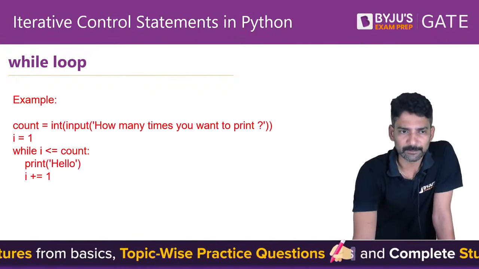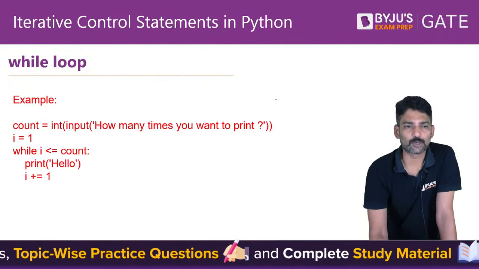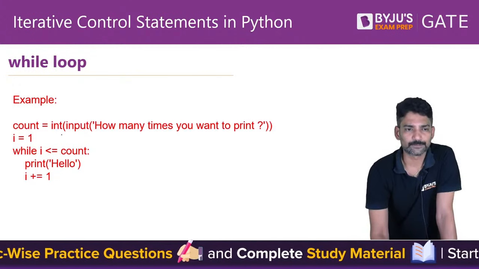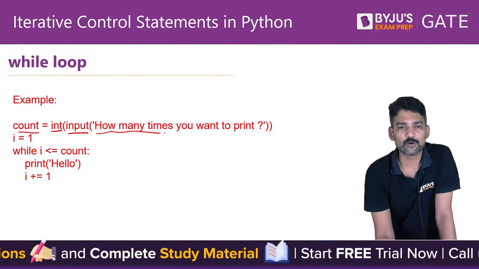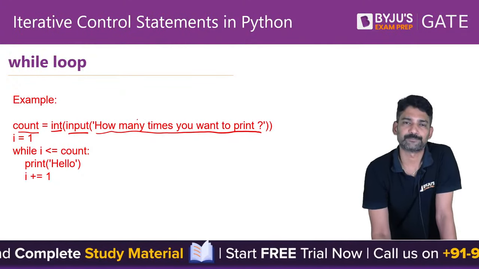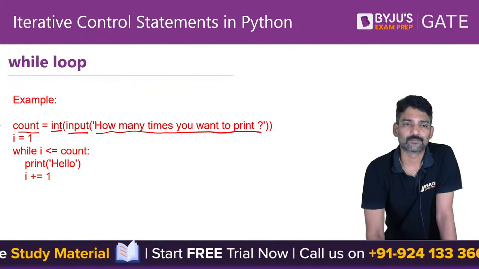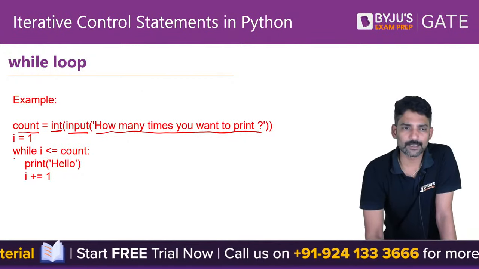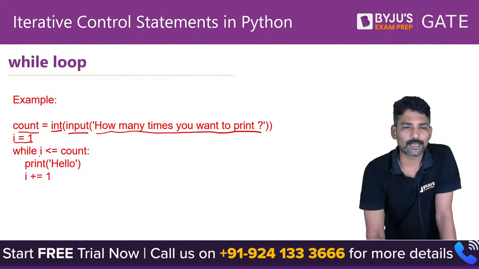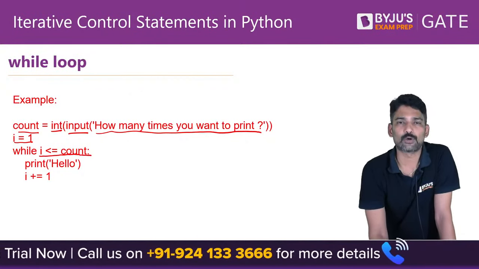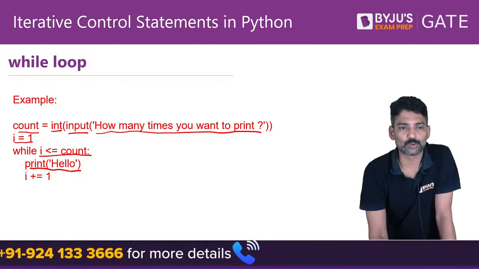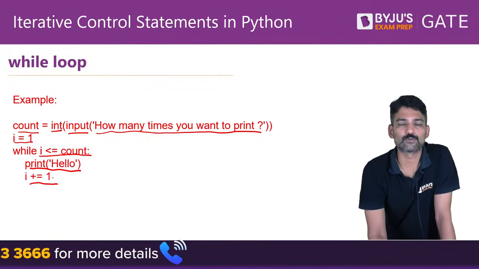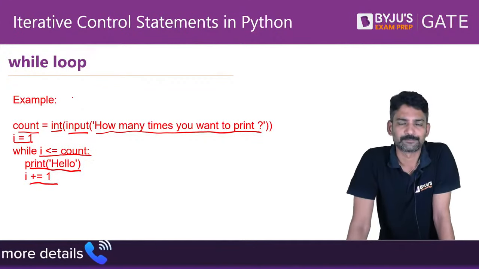Let us see an example. Suppose I have a variable called count equal to input of how many times you want to print. Then i is equal to 1, while i less than or equal to count, colon, print hello, i plus equal to 1, or simply you say i plus plus.